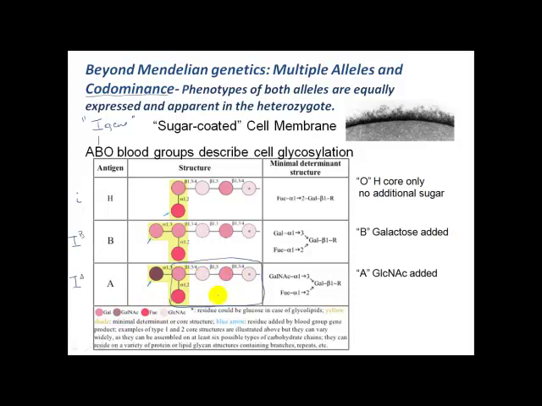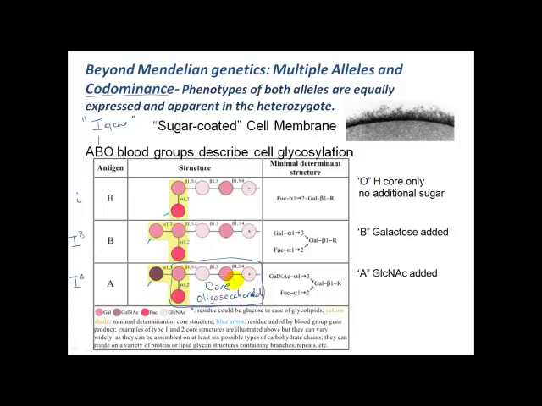So this boxed region that I've shown here is a core oligosaccharide. Sorry, it should be an I. Core oligosaccharide. So this is a core sugar structure that's added onto the protein. And then this I gene enzyme is responsible for modifying this core oligosaccharide.